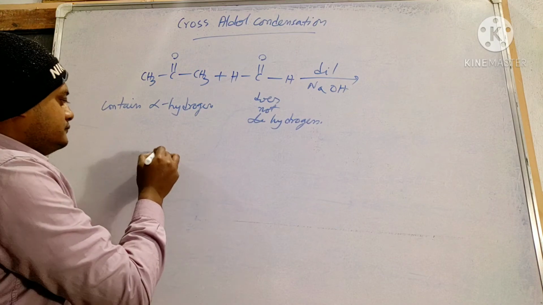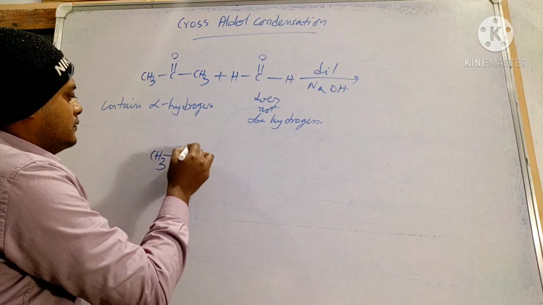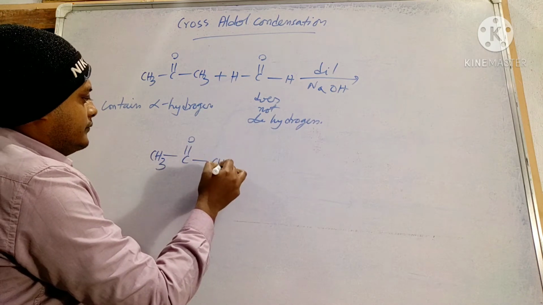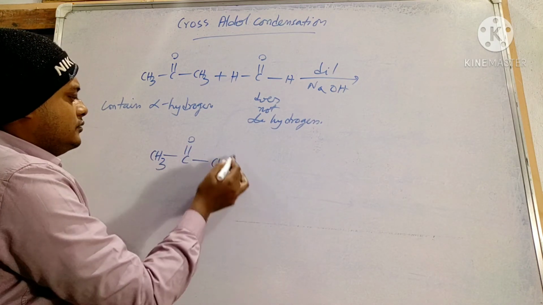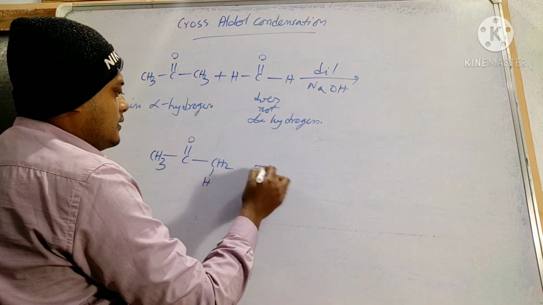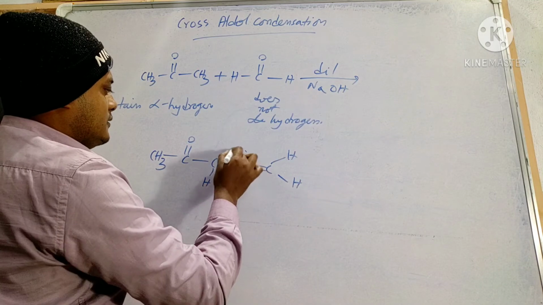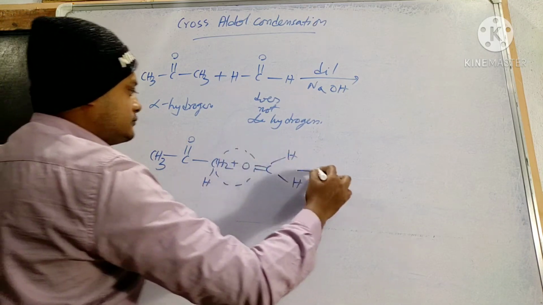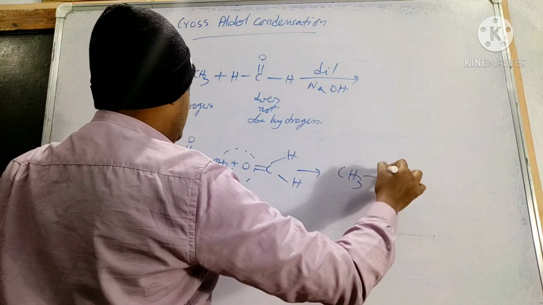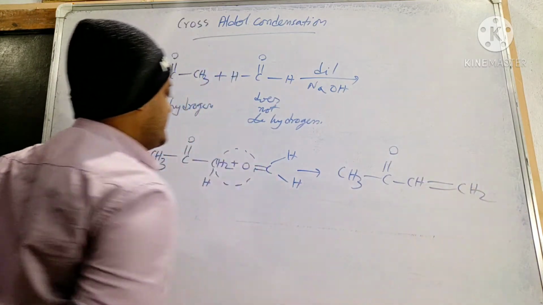See, acetone gives its alpha hydrogen and formaldehyde donates its oxygen. That one is the cross product.